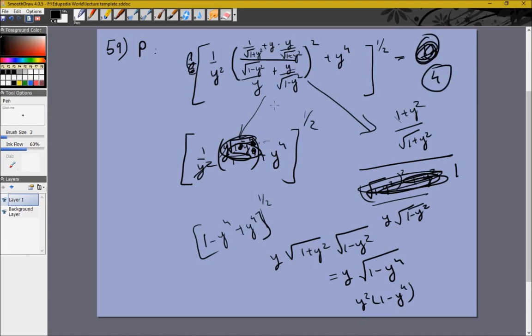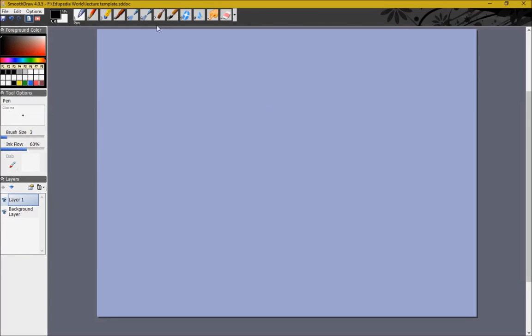Right. Now similarly, let's look at Q. We are given cos x plus cos y plus cos z is equal to 0. So this is equal to minus cos z. Sin x plus sin y plus sin z is equal to 0. So this is equal to minus sin z.